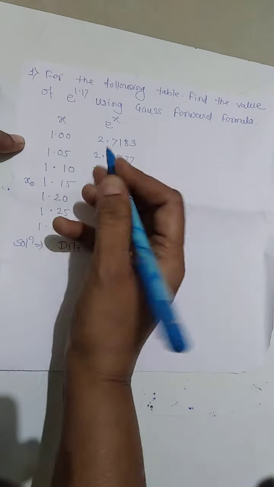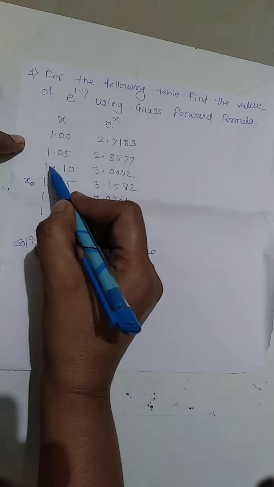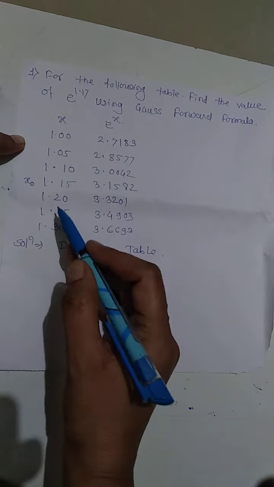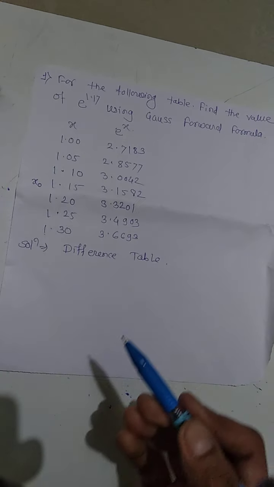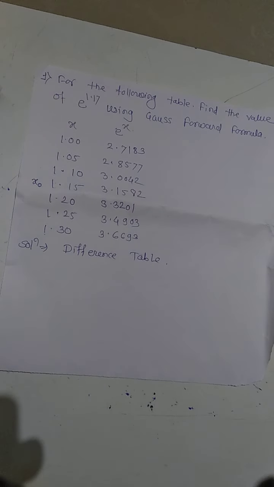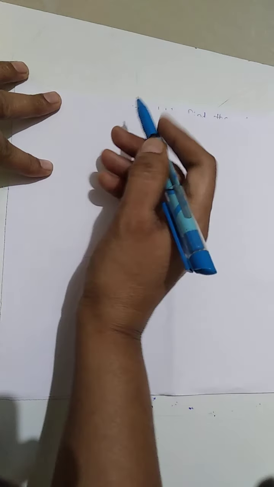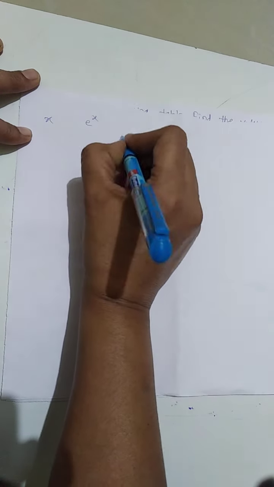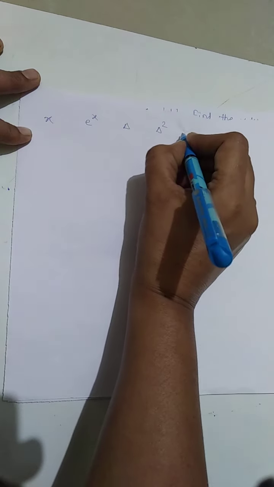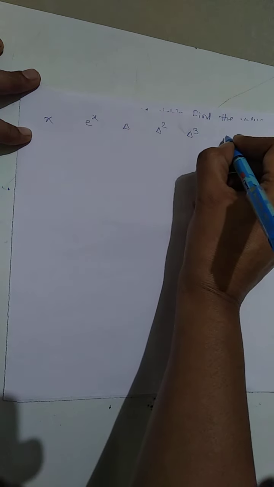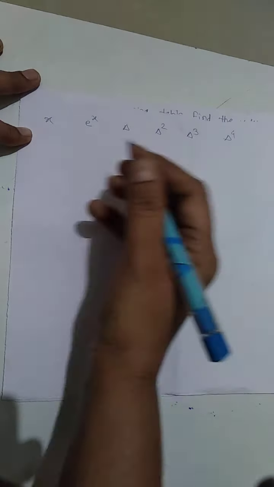This is x0, and these are x minus 1, x minus 2, x minus 3, and this is x1, x2 and x3. Then write the table: x, e to the power x, del, del square, del cube and del raised to the power 4.